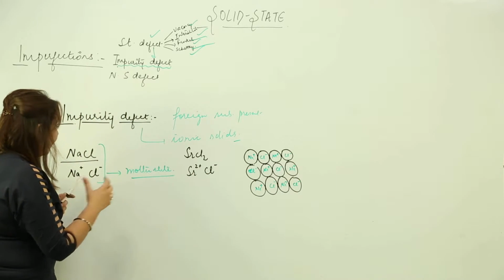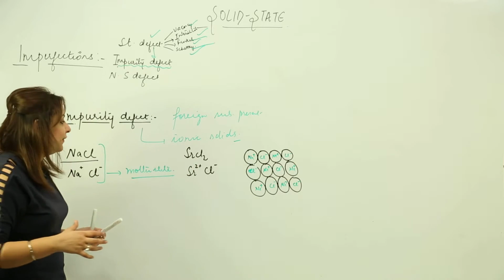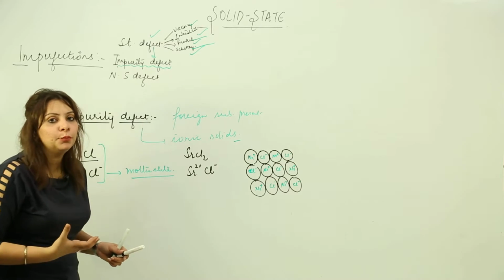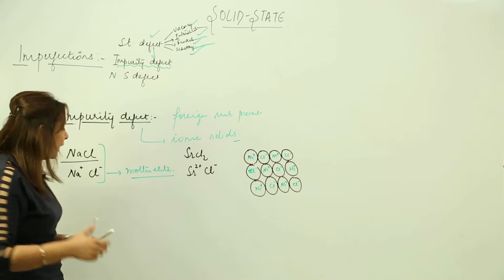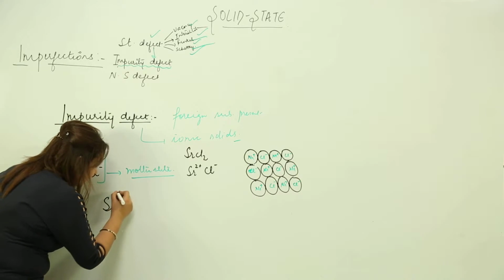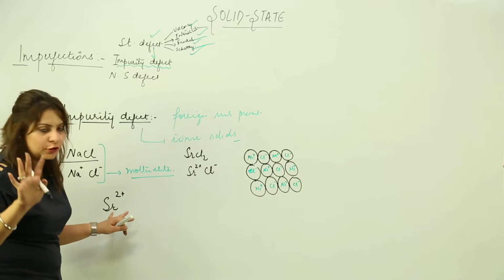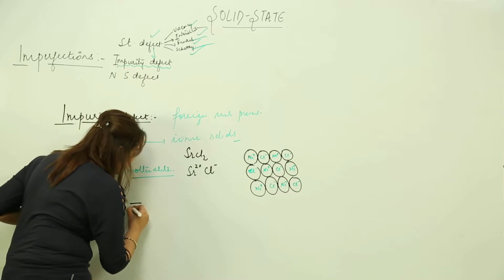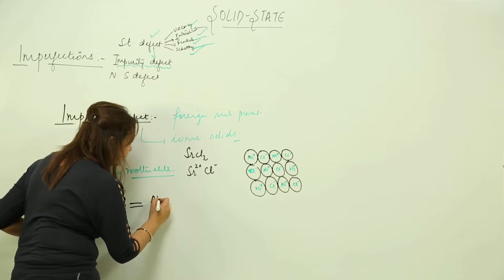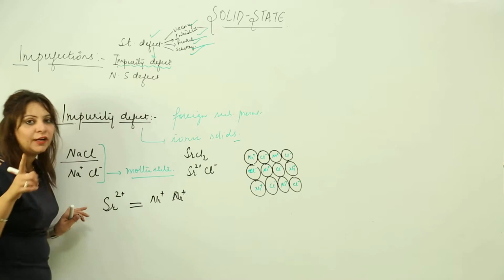Before I tell you what kind of imperfection happens when SrCl2 is present as an impurity, just look at the board. Sr2 positive is like this, that means how much net charge is carried? It carries 2 unit positive charge. So if I want to equalize this charge of strontium with that of sodium, I have to take 2 sodiums, because the charge on one sodium is only 1 positive, right.